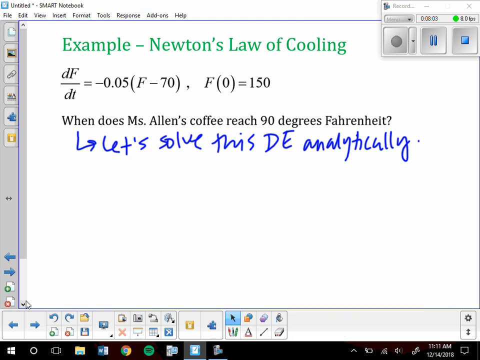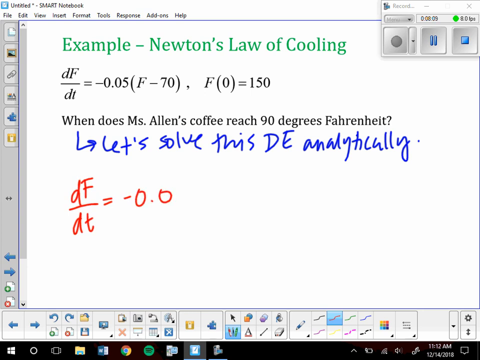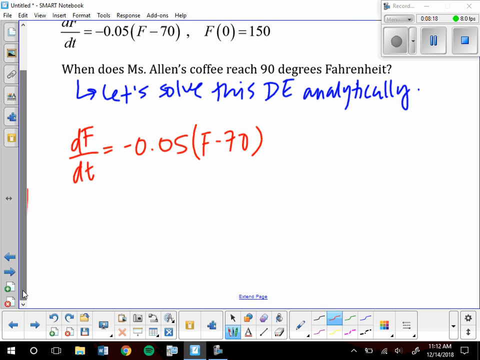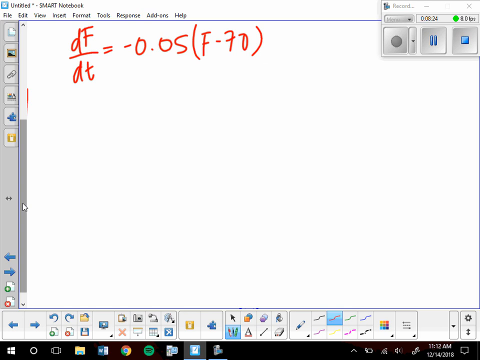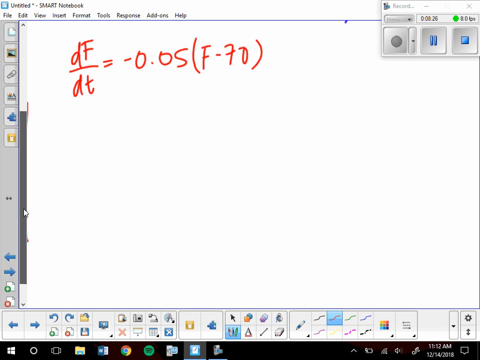So I have my differential equation. dF/dt is negative 0.05 times (F minus 70). And I actually want to find my original function, F. To do that, I'm going to separate my variables.